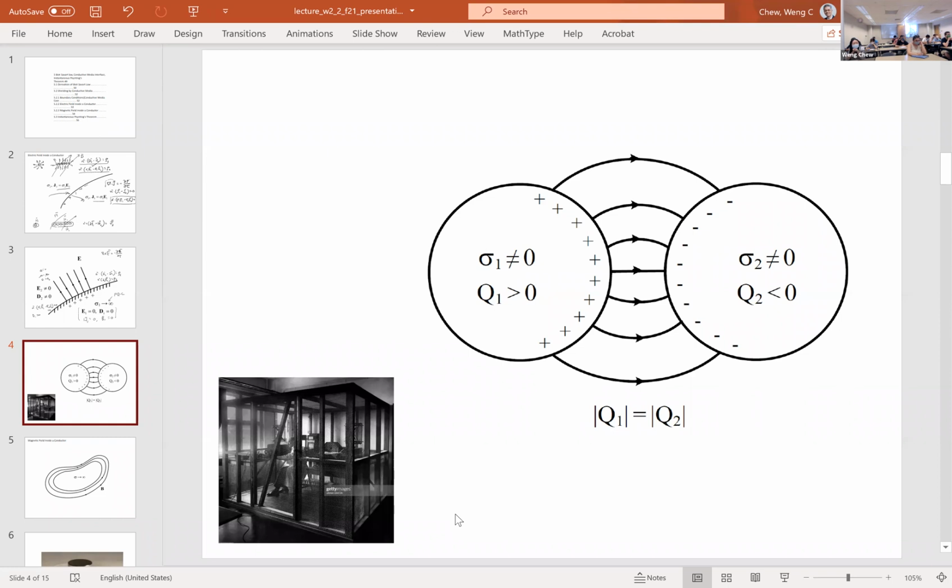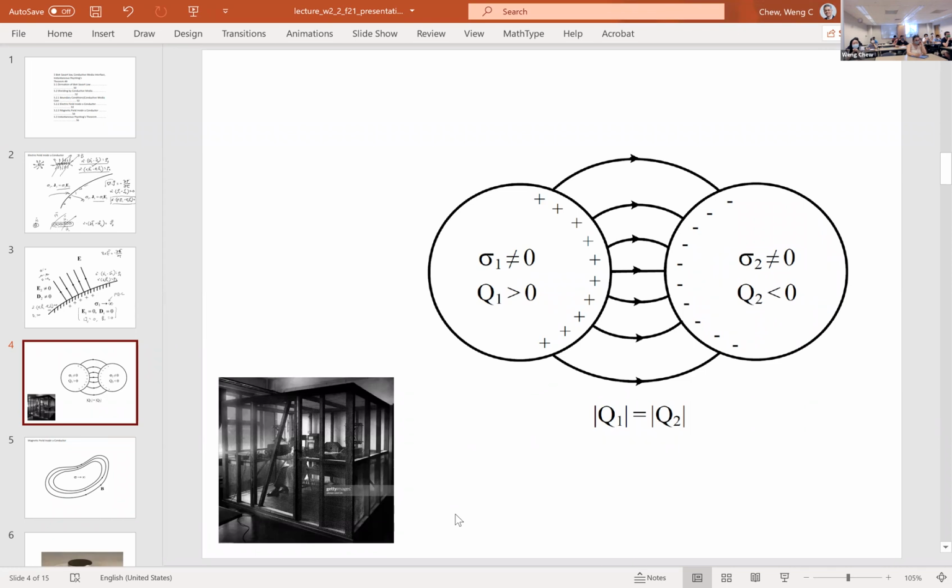If there is current inside these two conductors, it's not a stable process. So the current will keep flowing until the charges on the surface of these conductors rearrange themselves to produce an opposing field that makes the field zero inside the conductors. Can you see this physics going on?